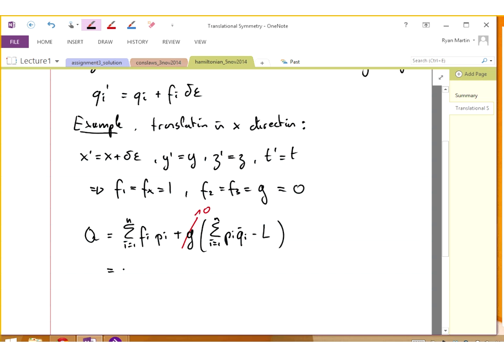So this whole thing is fx px, and since fx is just equal to 1, it is px.